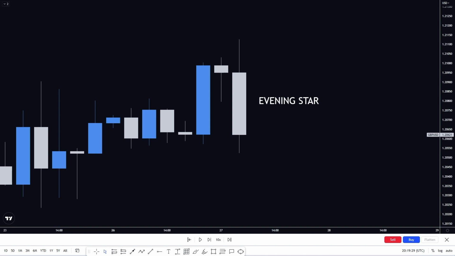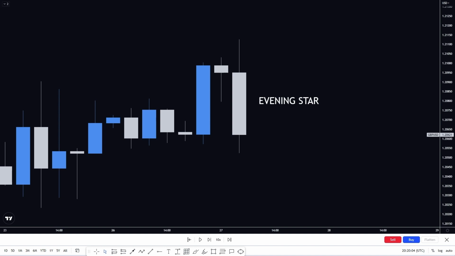So what is an evening star? First of all, we have the nice bullish engulfing candle moving to the upside, showing us strong momentum, and then immediately after this we get that low momentum candle, small body, big wick. What this candle is showing us is that price is now consolidating and doesn't know whether it wants to move higher. It's reached an expensive price point where buyers are trying to work out whether they want to keep pushing price higher, or whether they are happy to no longer buy, which will then drive the price down to a cheaper level.